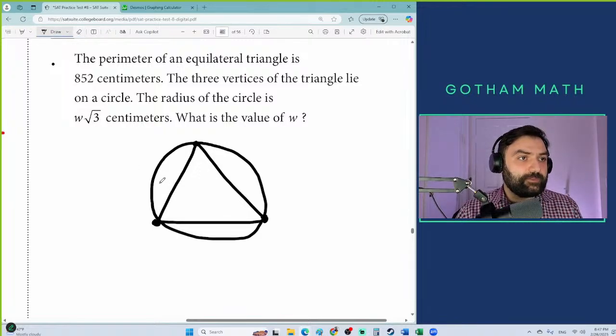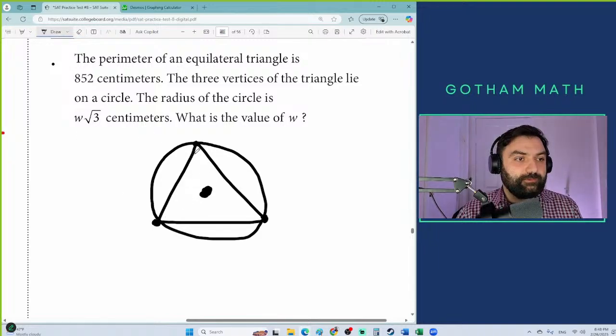Okay, so they're asking for the radius, right? The radius is the line from the center, obviously we know what the radius is. Is it going to be halfway there? I think so. Interesting.